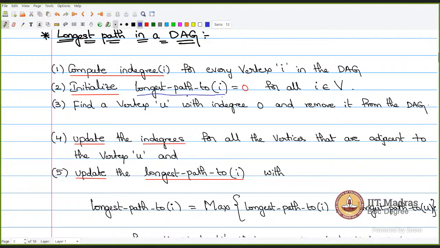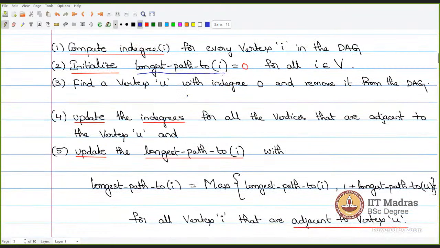After initializing this, we find a vertex. Now this is a DAG, right? We can only find the longest paths in a DAG. As this is a DAG, we have some vertex with in-degree 0. Find that vertex and remove it from the DAG.